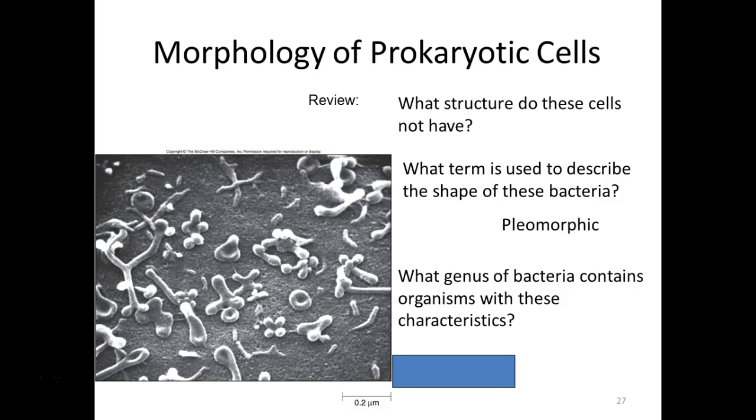So again, there's this exception in the bacterial world. There's a whole genus of bacteria that lack a cell wall, so therefore don't hold a characteristic shape. So this one is Mycoplasma, and this is Mycoplasma pneumoniae.